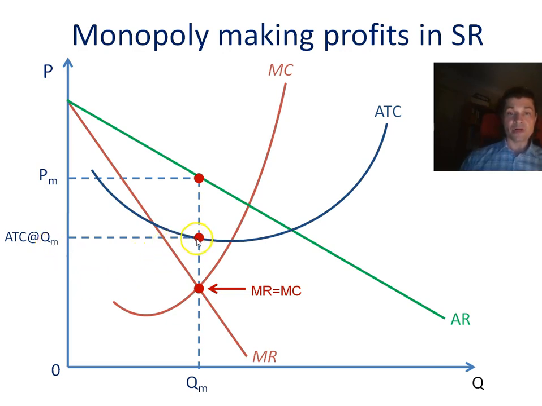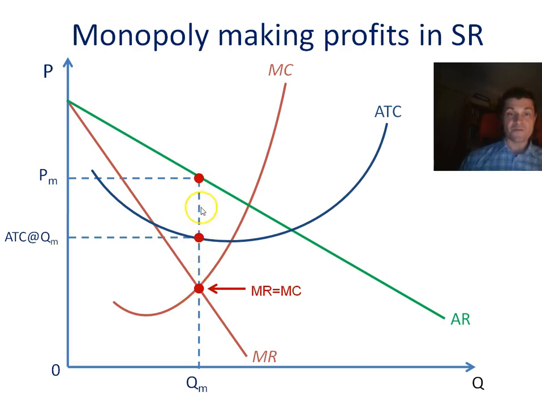So as you remember, the profit per unit will be the difference between the price that the monopoly is charging, given by this red dot on the demand curve, and we can see that this is a price PM, and the average total cost at the output QM, which is the per unit cost for this monopolist of producing the output.